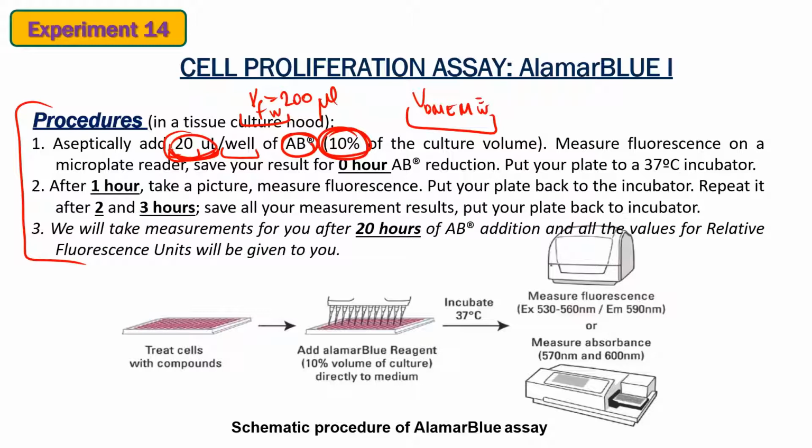No, in the same well. So you have a final 200, and you have 20 microliters of Alamar Blue. What is the volume of the cells with DMEM? 180 microliters.